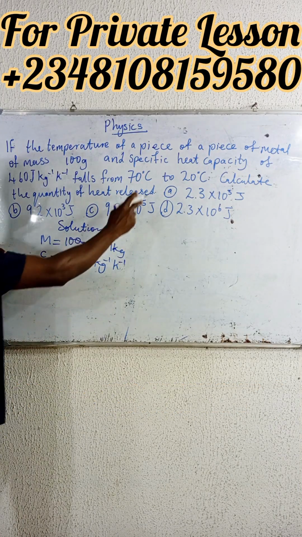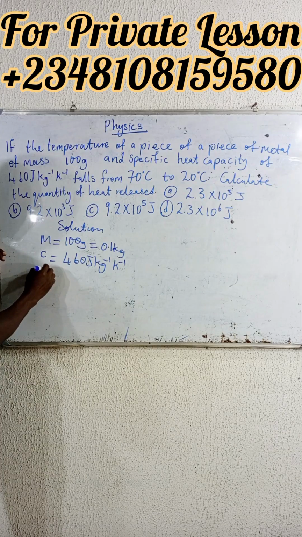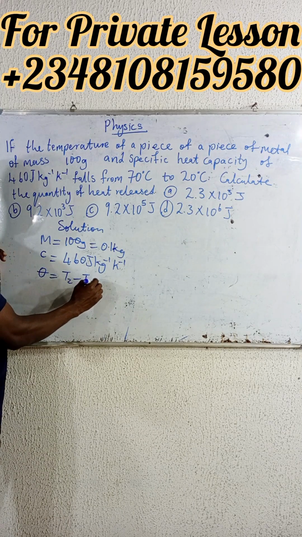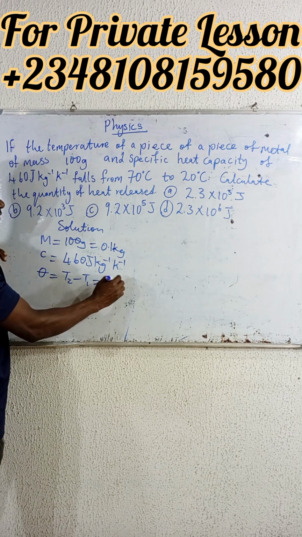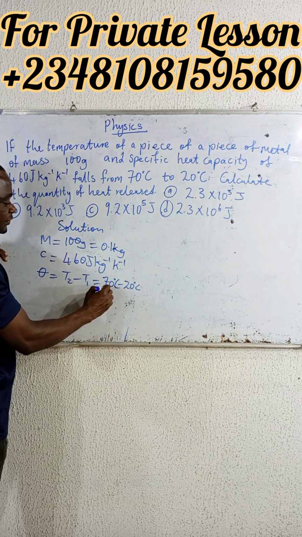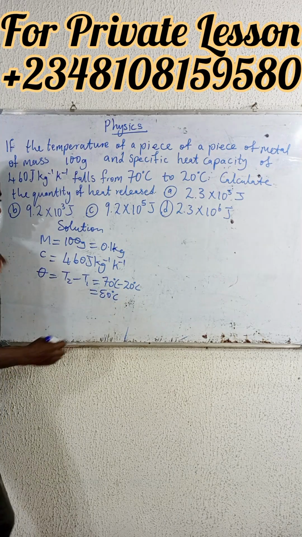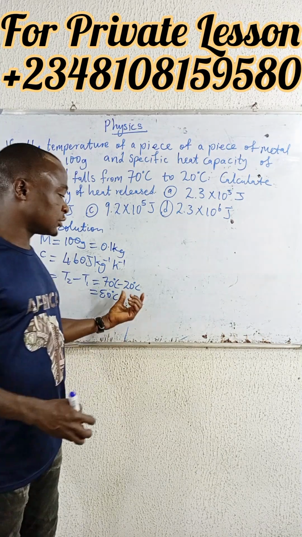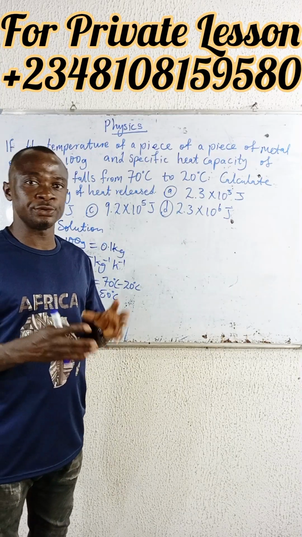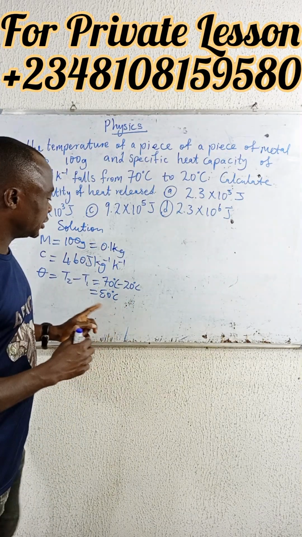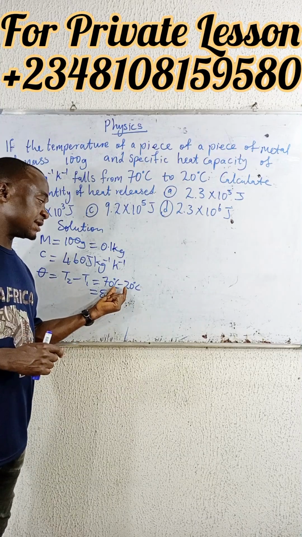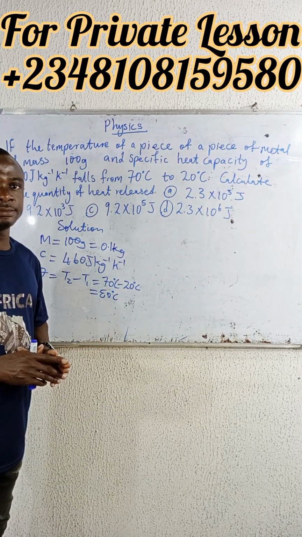Then the change in temperature, which is T2 minus T1, is 70 degrees Celsius minus 20 degrees Celsius, and that will give us 50 degrees Celsius. Now, someone will ask, why is it not converted to Kelvin, which is the standard unit for temperature? When you are talking about temperature difference, temperature change, whether the unit is in Celsius or Kelvin is the same.